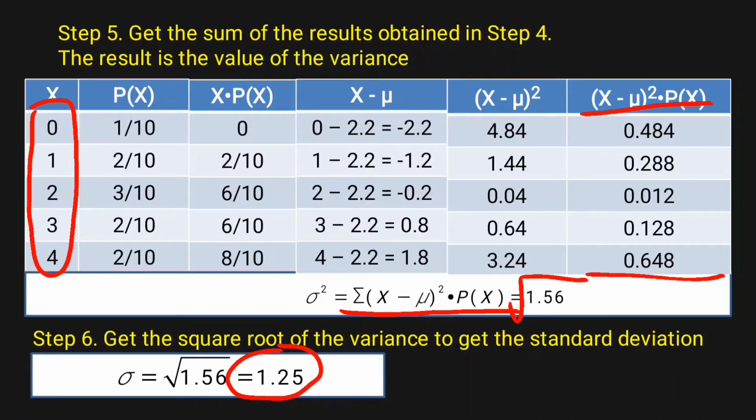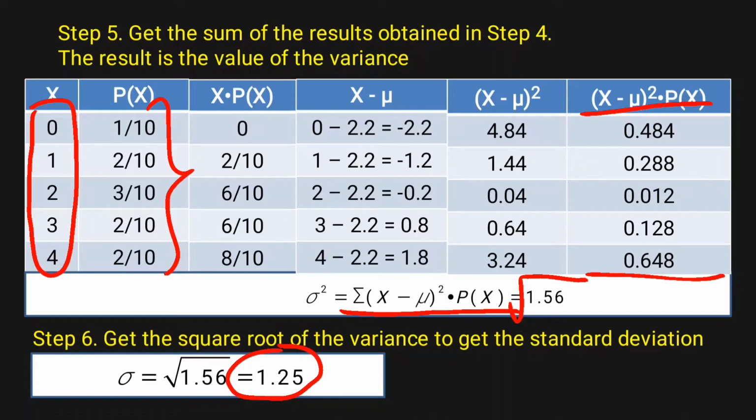So, pag naging halimbawa, naging 10, 20, 30, 40, 50, so siguro magiging standard deviation na yan bandang 10 na rin. Dahil 10 yung pagitan. So, mga bandang 11 to 12 to 13. Depende pa rin syempre dito sa value ng P of X natin.